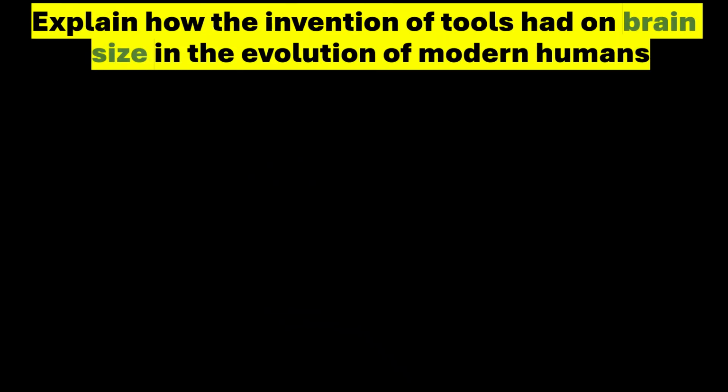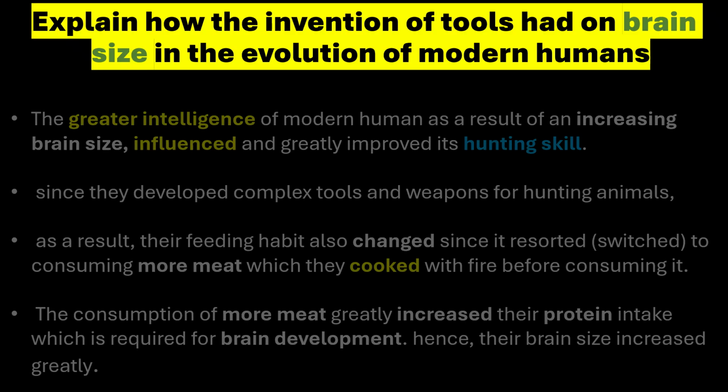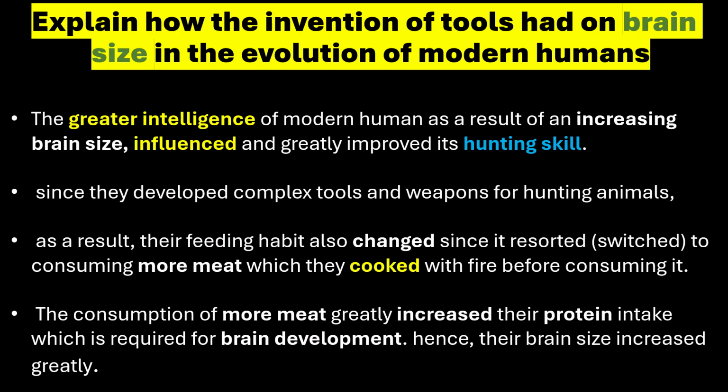Explain the effect the invention of tools had on brain size in the evolution of modern humans. So here are the answers. You can tell the greater intelligence of modern humans as a result of increasing brain size, which greatly improved their hunting skill, since they developed complex tools and weapons for hunting animals.